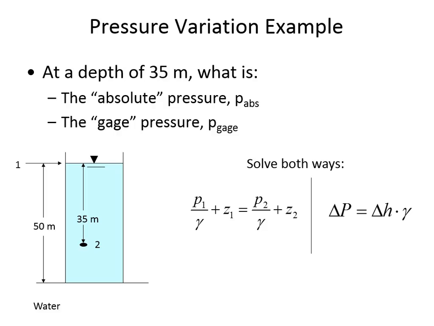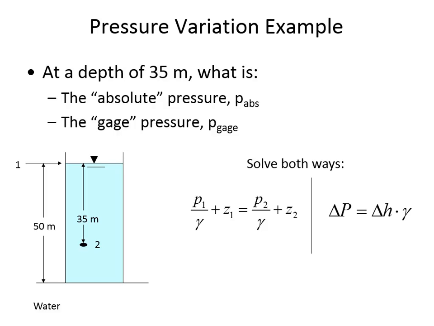And so absolute pressure assumes that atmospheric is 101,325 newtons per meter squared, so that the pressure at 2 is going to be the pressure at 1 plus the increased pressure that comes from going 50 meters above the datum to 15 meters above the datum. So 50 minus 15 is 35 meters of depth that we have gone down through. The pressure, therefore, is going to be increasing.